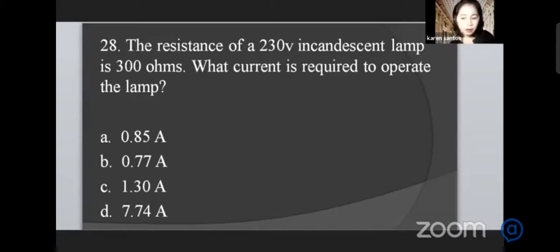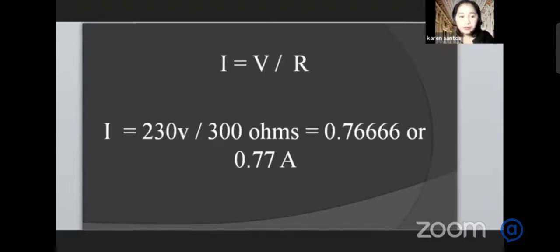Okay, so for our number 28, the correct answer is letter B. It's 0.77 ampere, or 0.77 A. So let's find out. The formula is I is equal to V divided by R. So I is equal to 230 volts divided by 300 ohms.